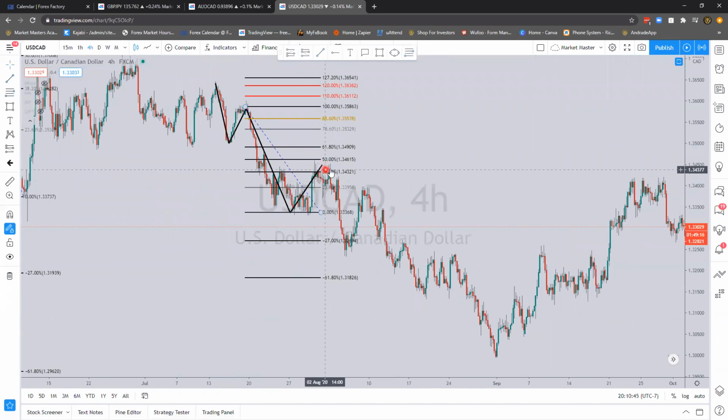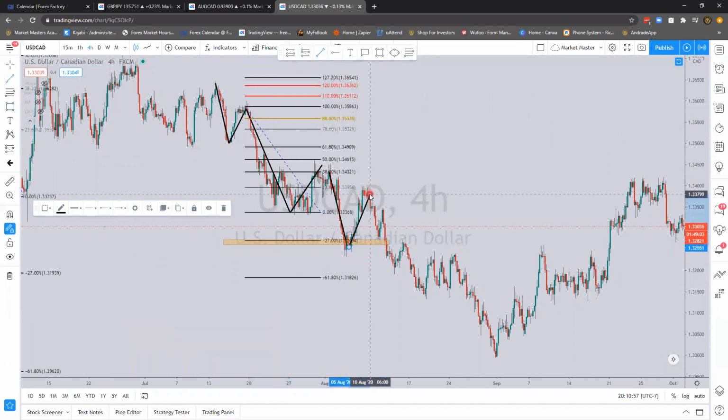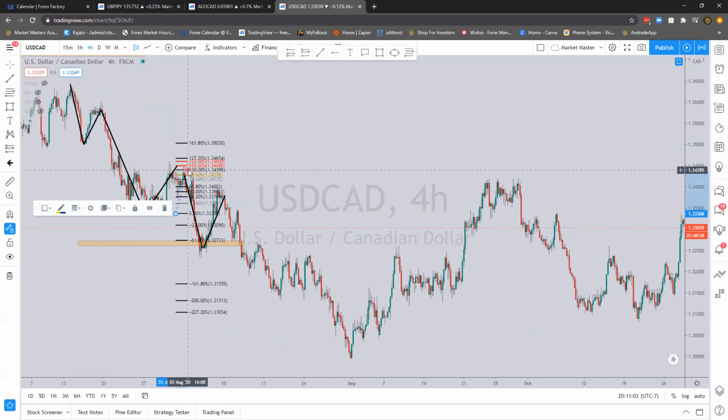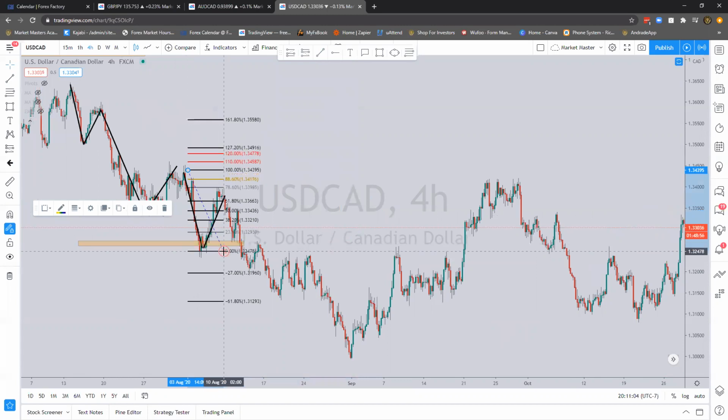Basically it hit 38.2 and it was like an aggressive reversal. So you can see it spiked and shot all the way down and hit this negative 27% area and then came back up. As it was coming back up, that's where we adjust the fibs, 100% at this high, 0% at this low.